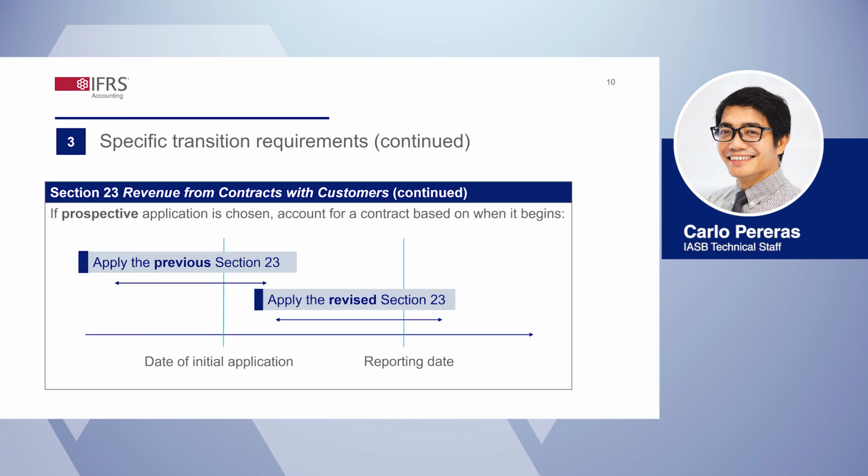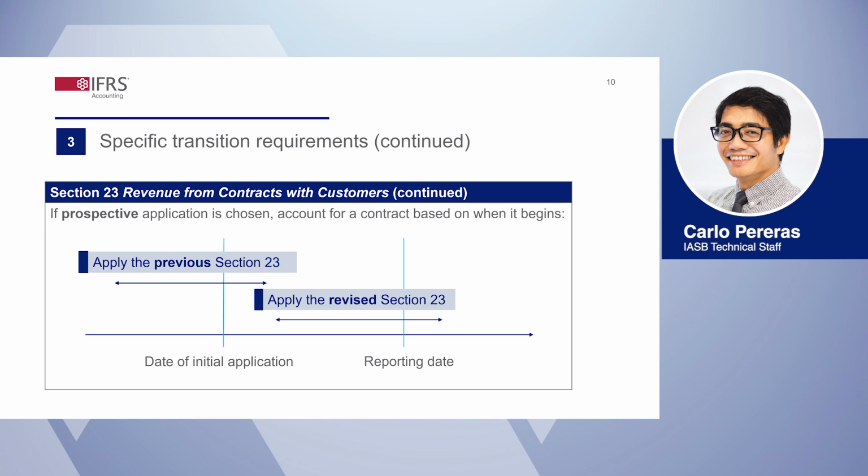As mentioned earlier, instead of a retrospective application, an SME could make an accounting policy choice to apply the revised Section 23 prospectively. In that case, as shown on the slide, how an SME accounts for a contract depends on when the contract begins. If the contract begins before the date of initial application, the SME continues to apply the previous Section 23 to that contract.